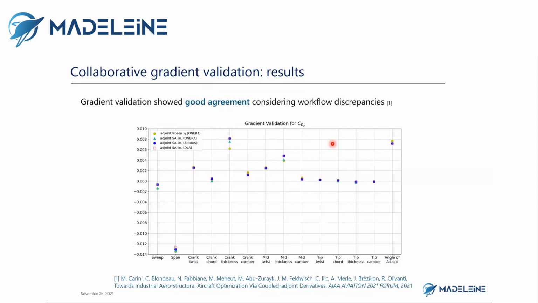The outcome of this study is that, considering that we still have some discrepancies in our own workflows, which can be linked to CFD but also the CFD and CSM coupling strategy, we achieved quite a good agreement for the different aerodynamic coefficients. In fact, more details on the setup and the results are available in the AIAA paper that is mentioned at the bottom of the slide.